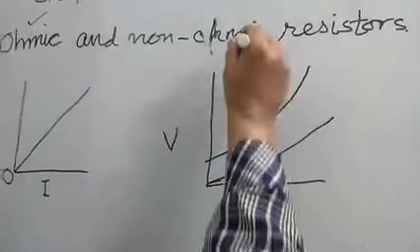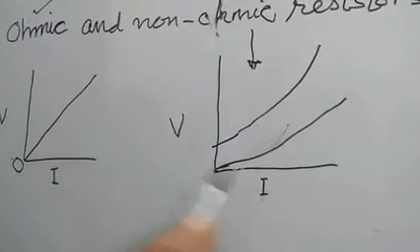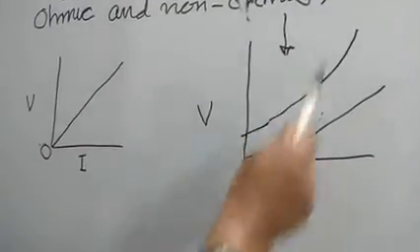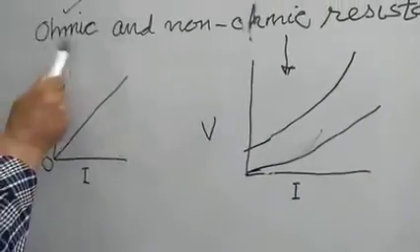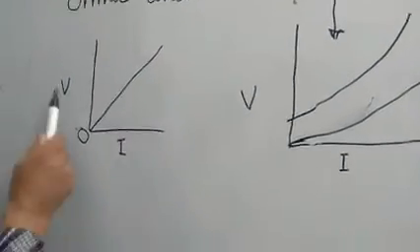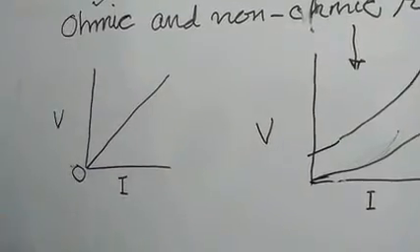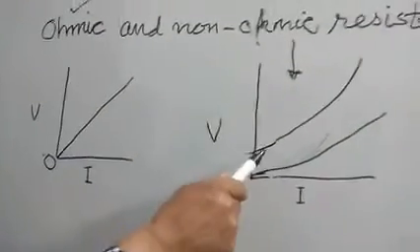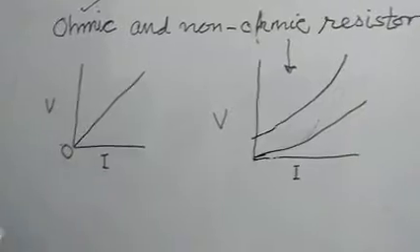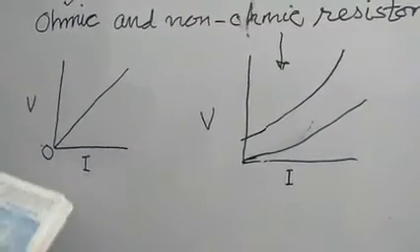So in a non-ohmic substance, the graph of V versus I or I versus V is a curved line. In an ohmic resistance, the graph of current versus potential difference is a straight line passing through the origin.